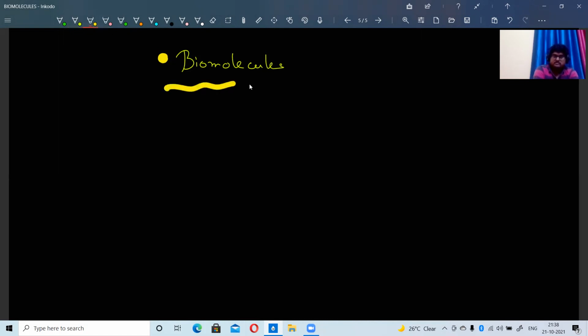So for biomolecules, if you write down this one, last class I just completed the structure. So we start from the revision of the last one, the structure of glucose.